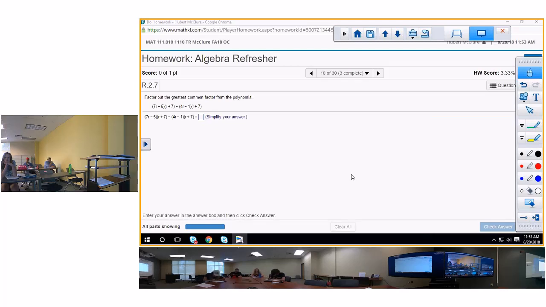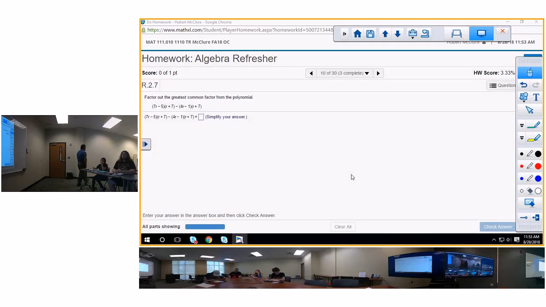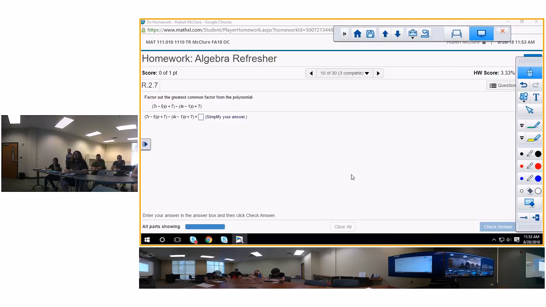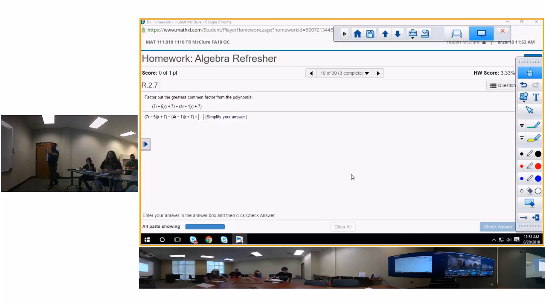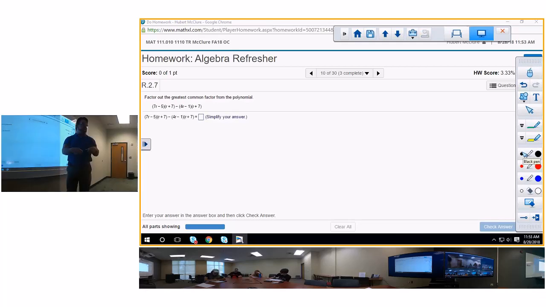Now, read the directions, because the directions are telling you what to do. Factor out a common term. That's what it's saying. Factor out a common term. What is in common with those 2 terms? R plus 7. Good. So you yank it out, kind of like the tablecloth under the vase.